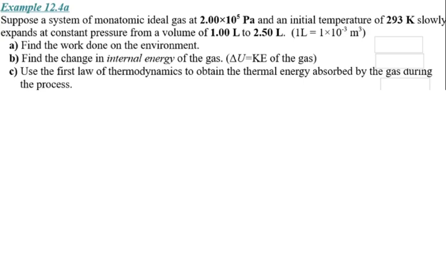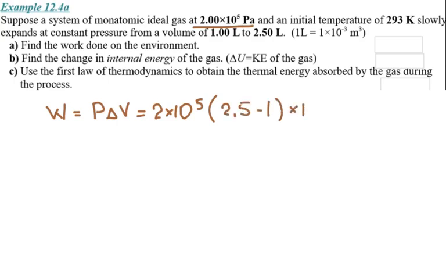So the work done on the gas is equal to P delta V, and the pressure is 2×10^5 Pascals, and it's a constant pressure, so I have 2×10^5, and change of the volume is 2.5 minus 1 times 10 to the negative 3 because it's liters.